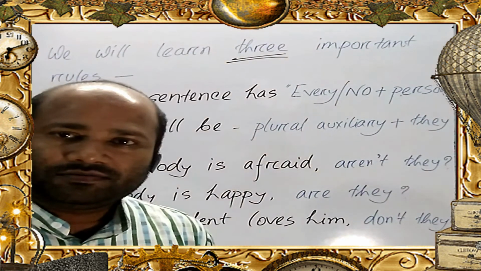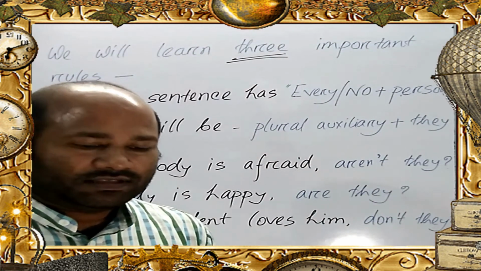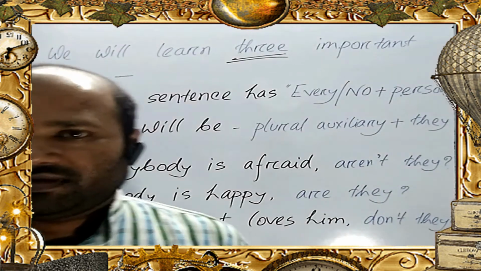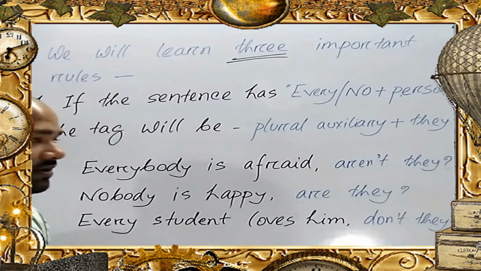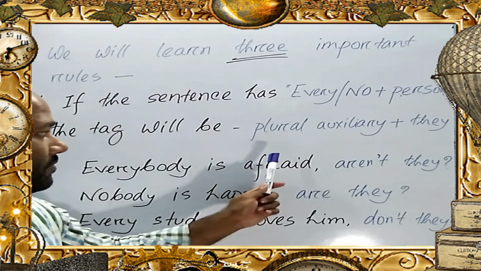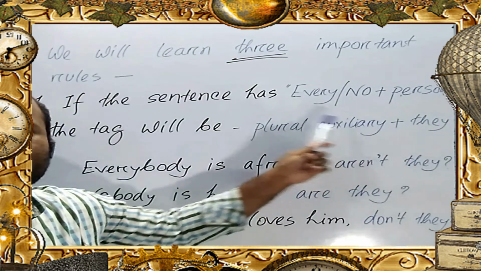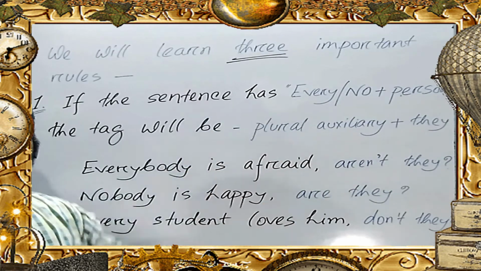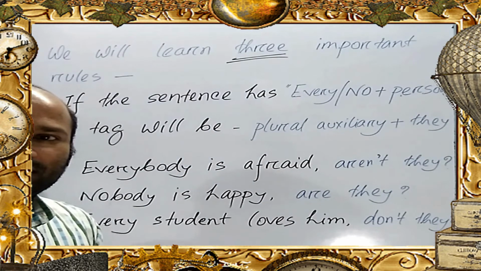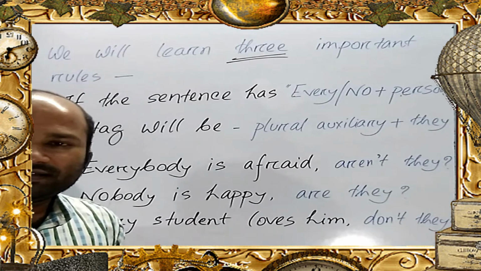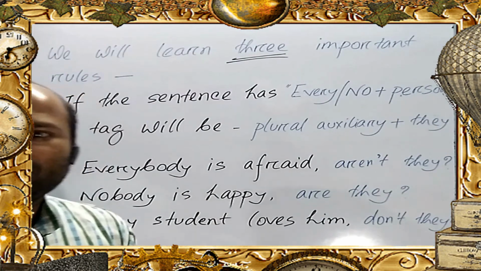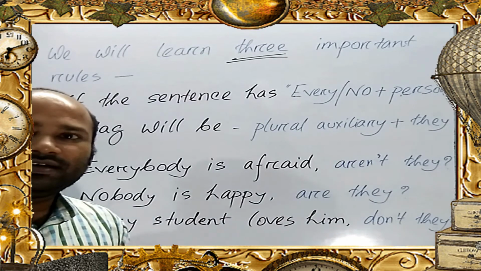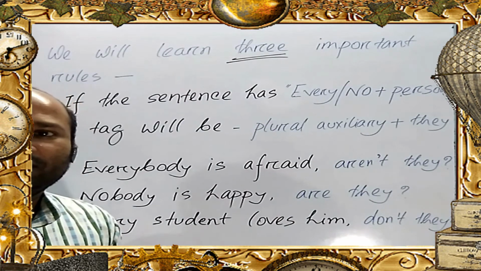We generally know that every always takes singular person after it, but whenever you make a tag question, you have to take pronoun they instead of every plus person. That is only one defined type of rule. It is just only for the tag question. Our other grammatical rules should not follow this rule.